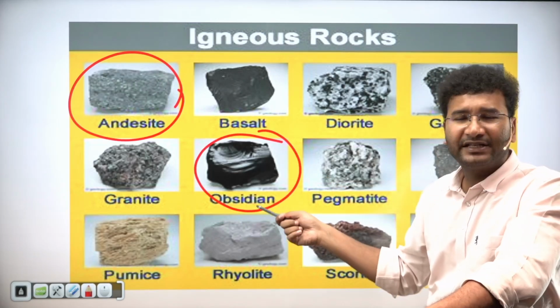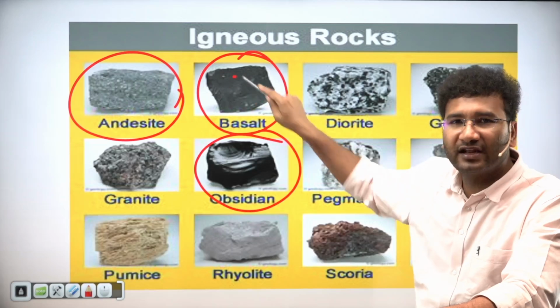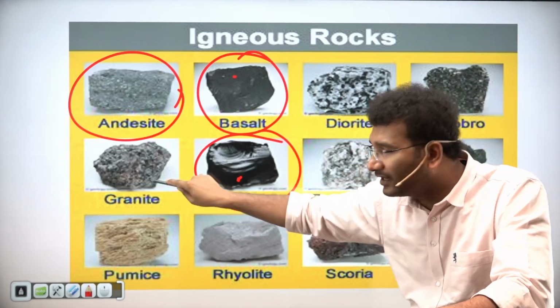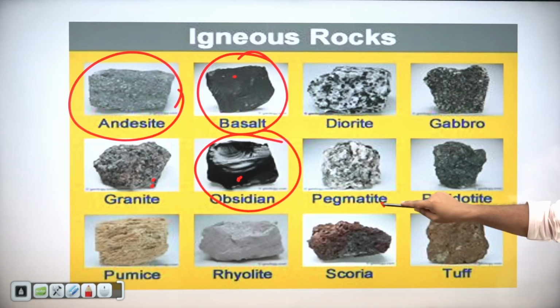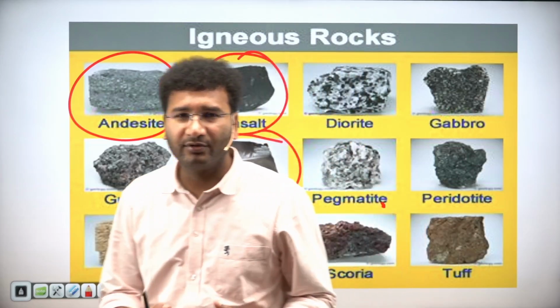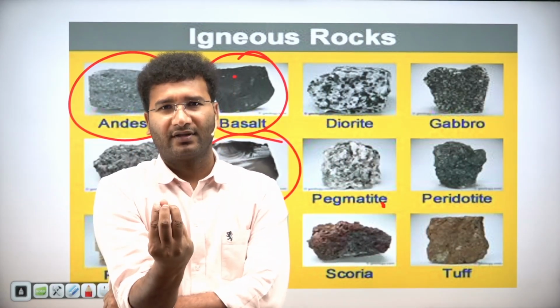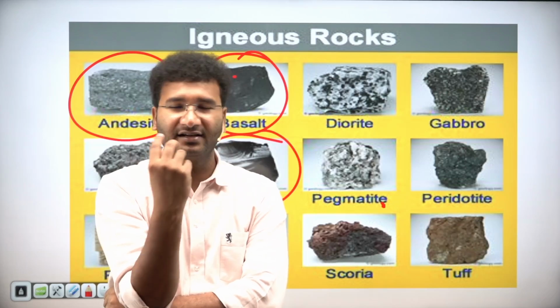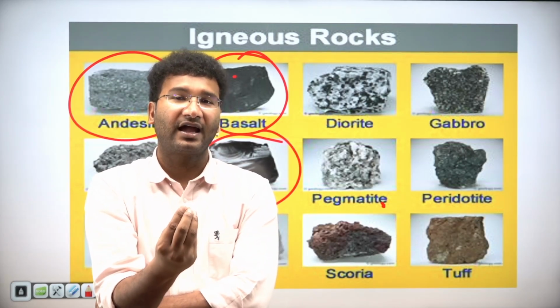We have already seen the obsidian rock. We have also seen the basaltic rock. These two are extrusive, right? Granite is an intrusive rock, whereas pegmatite is an igneous rock, extrusive rock, right? So all these rocks are primarily formed from the volcanic material itself. Now if the volcano has too much acid content, those rocks we will call andesite.